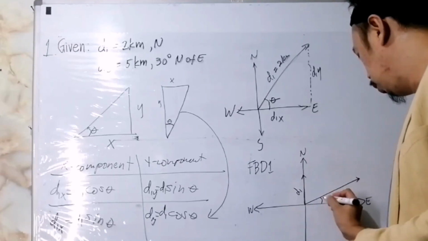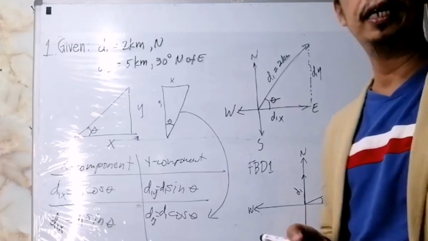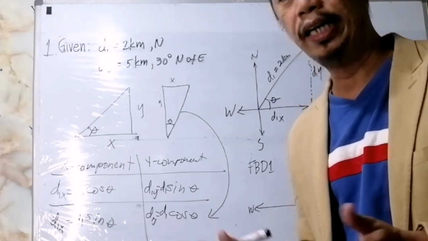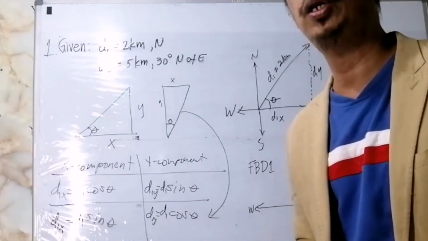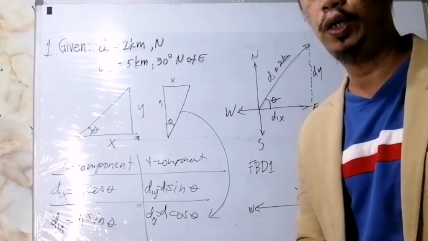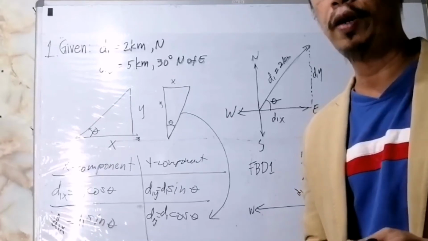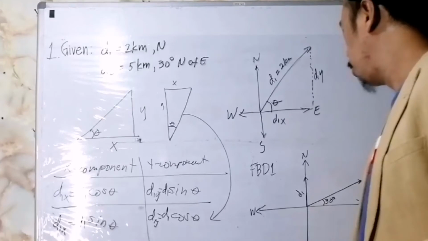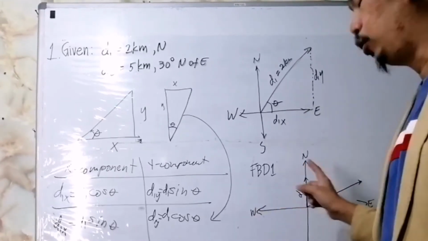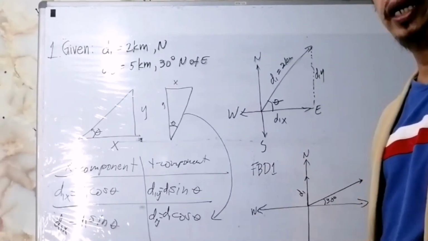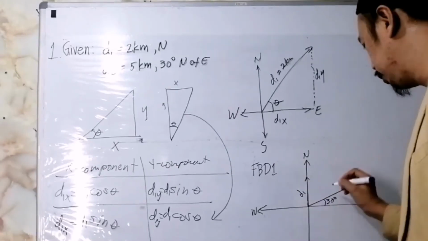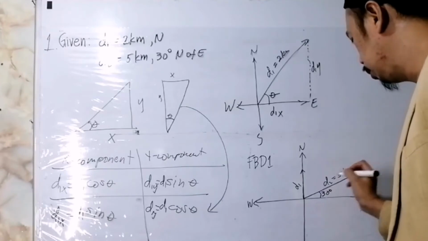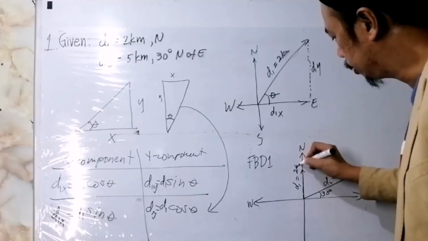We just estimate the angle of inclination, but in the graphical method, we're not going to use estimation, but instead we're going to use a protractor in order to have an accurate value. Of course, d1 doesn't have an x component, while this is our d sub 2, this is 5 kilometers, and this is 2 kilometers.